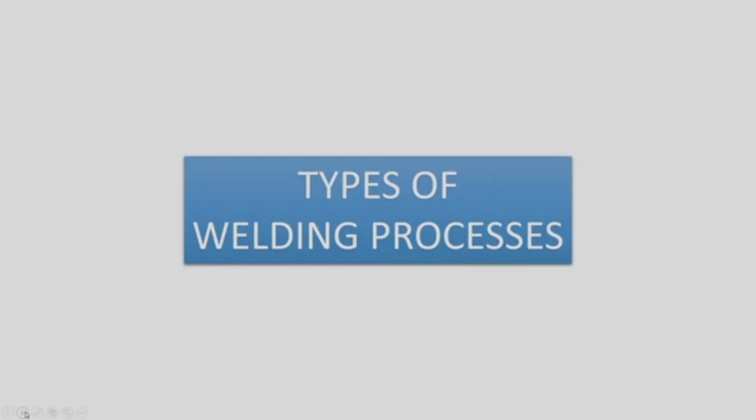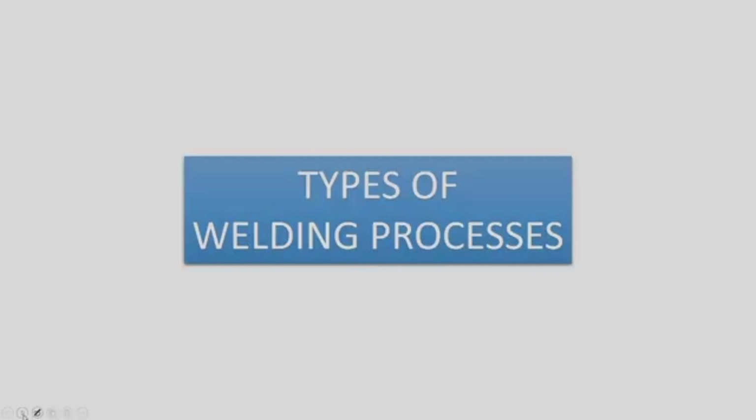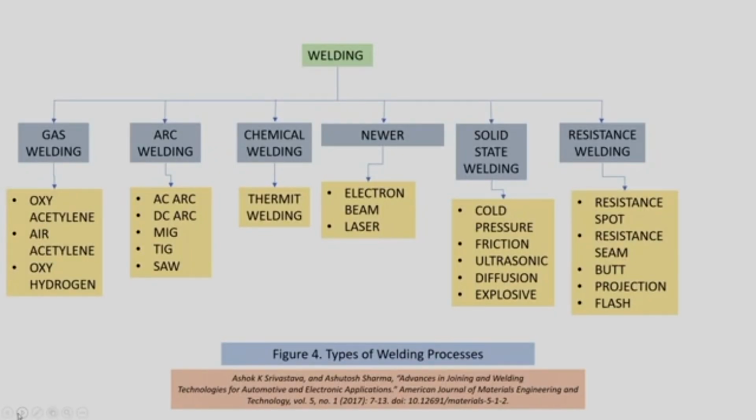Now we have seen various types of joints in welding operation. Now let us see what are the various types of processes being used in the industry, and then we will study the laser welding process. So we will have a quick look at these processes. Welding in a broad sense can be classified into a variety of classes. There are many versions of classification. Here we will just look at it in a broad sense of manufacturing. When we use gas for joining these two materials, we call it gas welding.